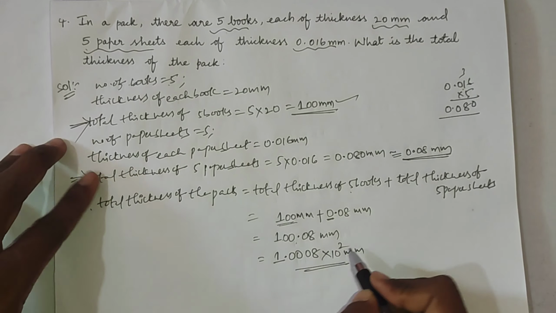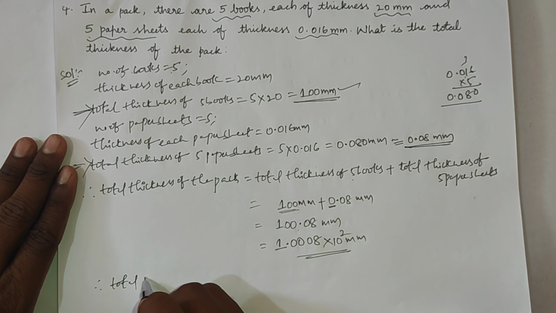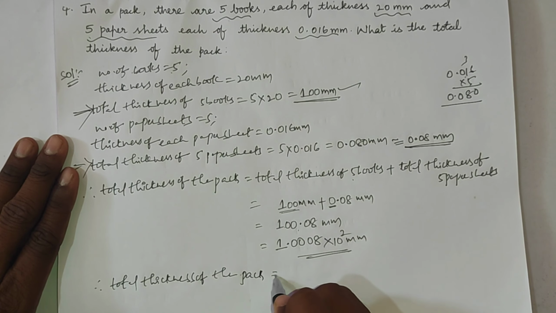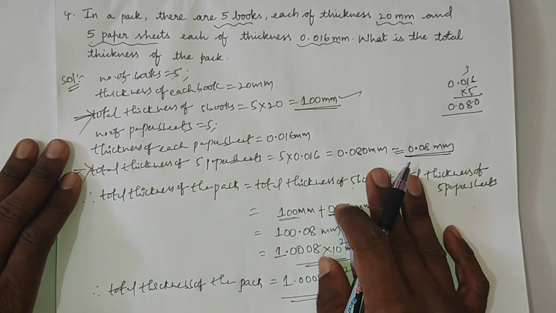So the total thickness of the pack is 1.0008 into 10 to the power of 2 millimeters. This is about the fourth one.